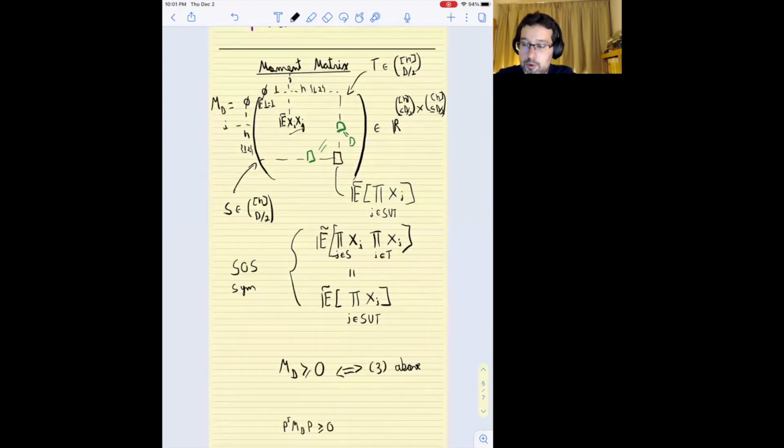And we need to enforce a bunch of consistency constraints, right? So whenever you have different sets, here you have S and T, and they have some union. But if you have another entry, say you consider some S prime and some T prime, and their unions happen to coincide, then you consider the entry associated to them.